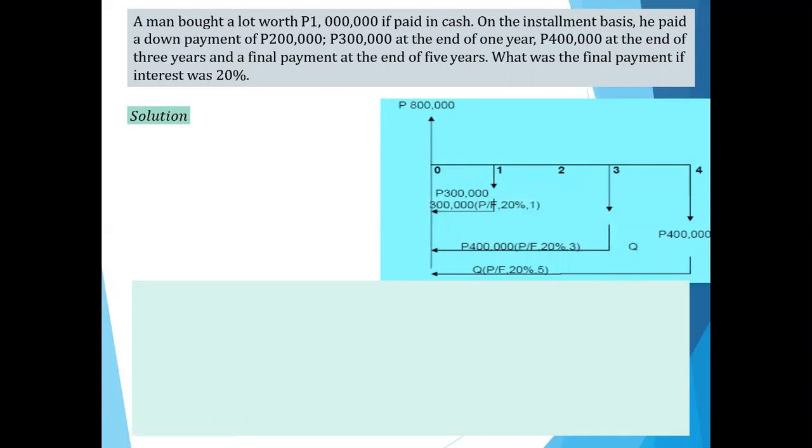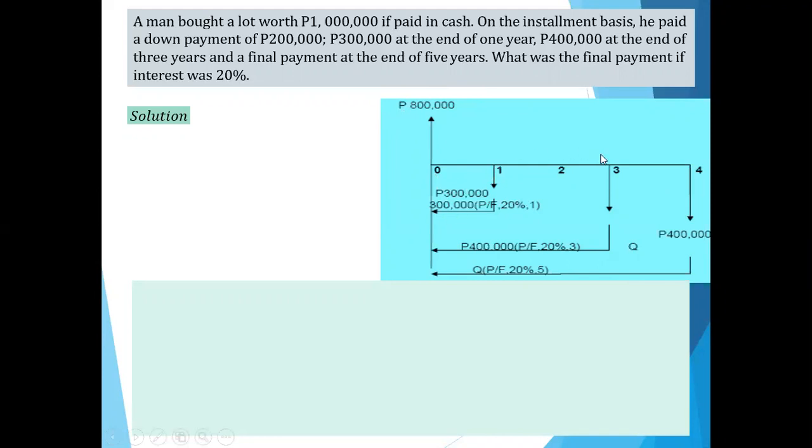Since the buyer already paid a down payment of 200,000, the remaining balance, which is now our present value, is equal to 800,000. Here the condition is at the end of 1 year, he pays 300,000, bearing an interest of 20%.